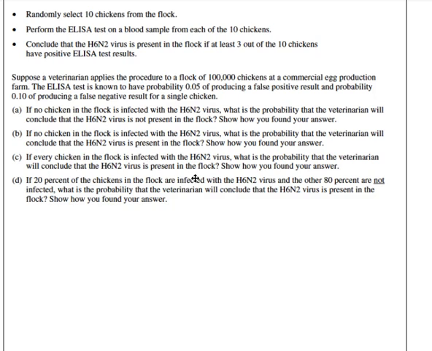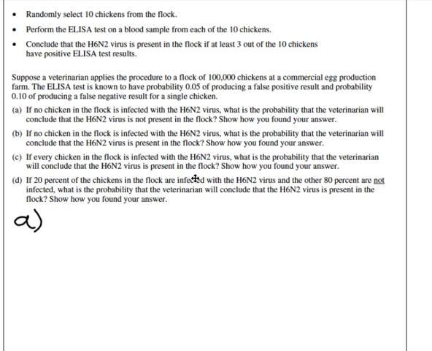All right, so if no chicken in the flock is infected with the H6N2 virus, what's the probability that the veterinarian will conclude that the H6N2 virus is not present in the flock? Show how you got your answer. All right, so we have two things here, right? First, whether the chicken actually has the virus or not, and then what the conclusion of the test is. So here, I think a tree diagram is a great way to model this information for us.